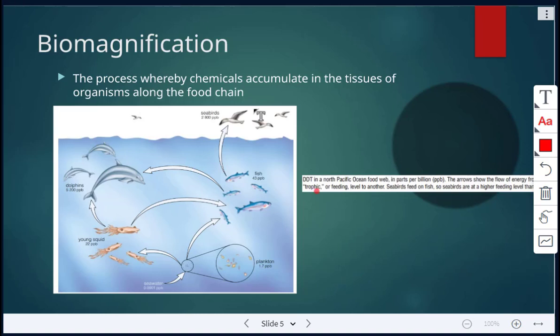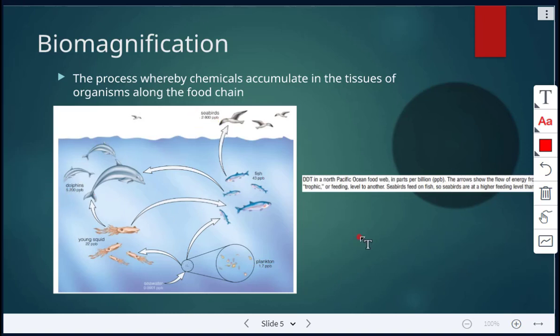So here we see the seabirds, which feed on the fish. They're at a higher feeding level, and they contain a much higher concentration of the DDT. We can also see that dolphins have a much higher concentration of the DDT as well. Compared to plankton, which is at 1.7 ppb, dolphins are about 5,200.